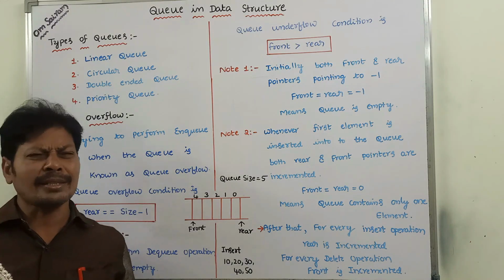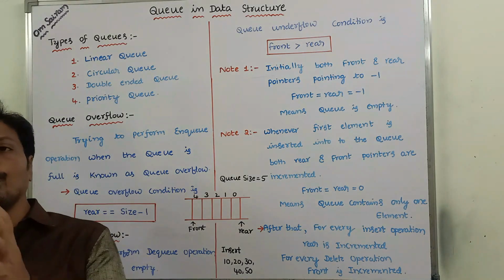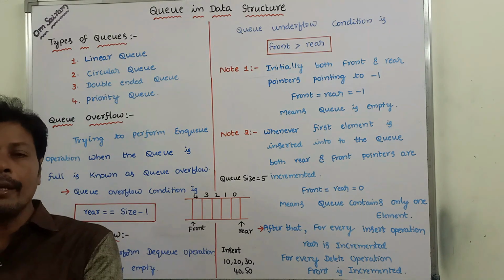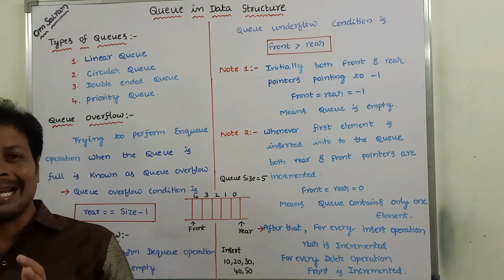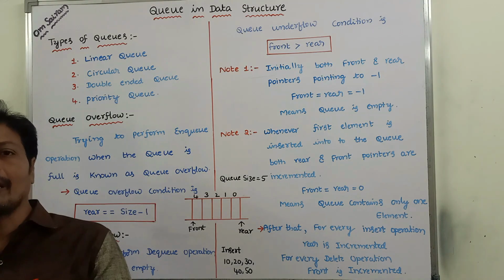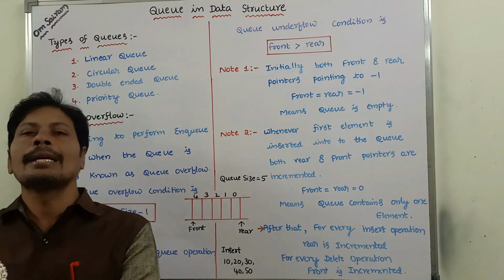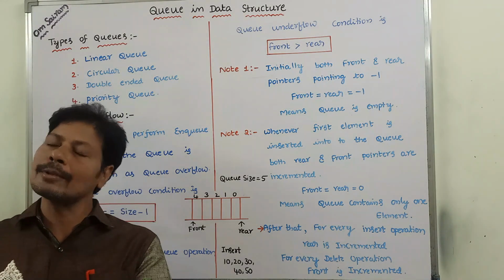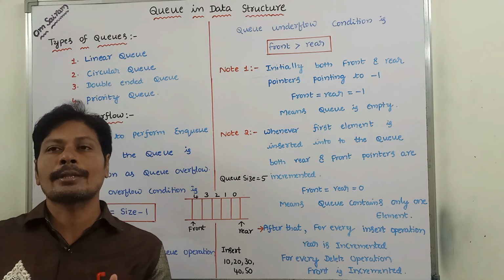Suppose there are 5 processes: P1, P2, P3, P4, P5. P1 priority is 5, P2 priority is 10, P3 priority is 6, P4 priority is 8, and P5 priority is 2. Which process is executed first?